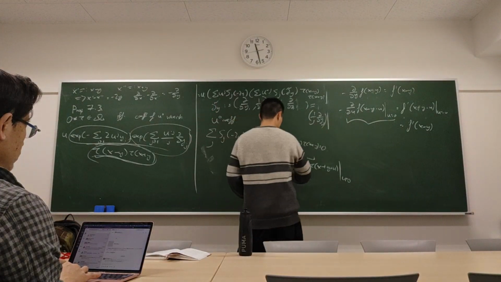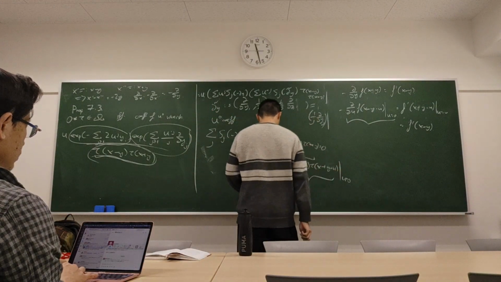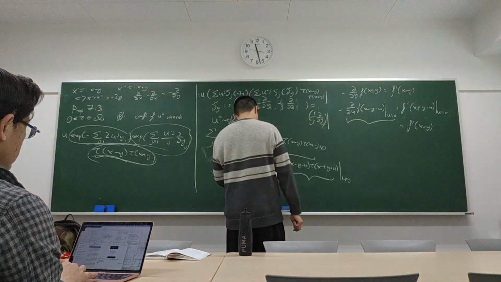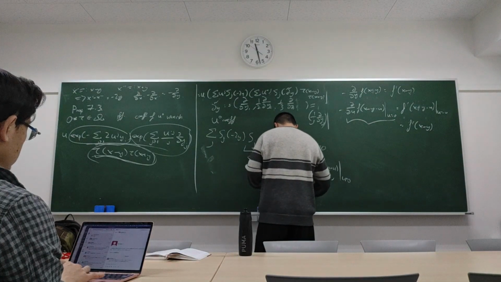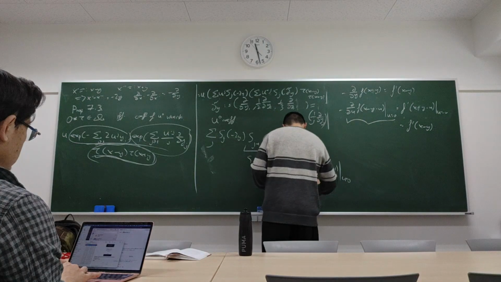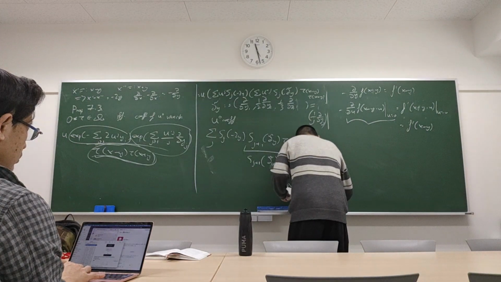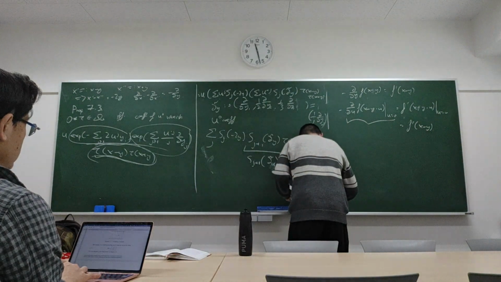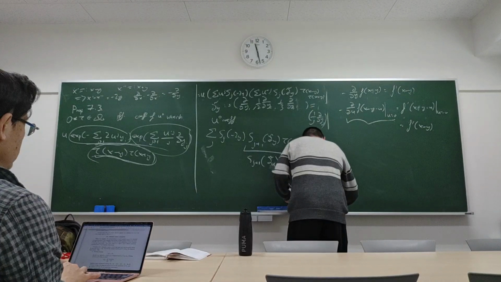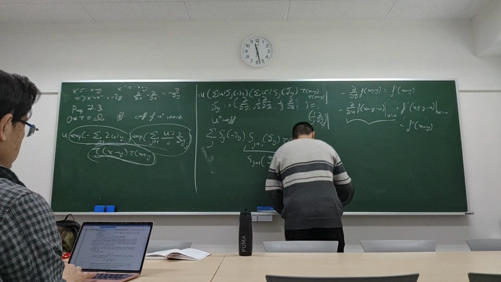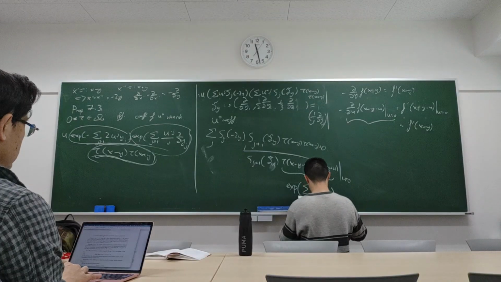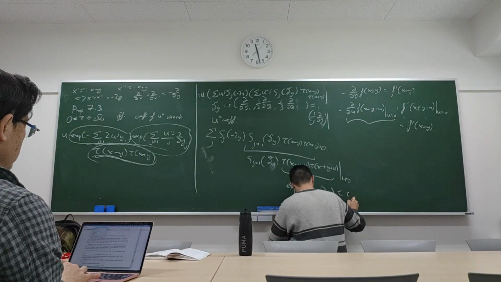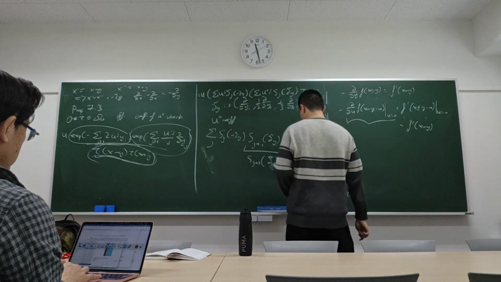And if you look at this object, there's another trick we introduced last week, which is that this can be rewritten as exp of the sum of y_s ∂/∂u_s, and this counterpart.